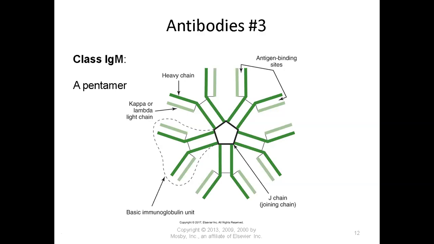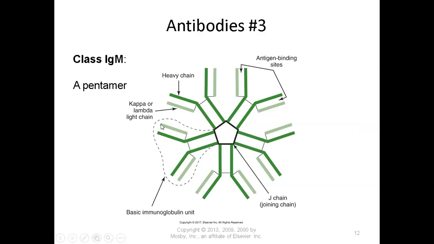If you remember, your prefix penta means 5, so it's considered a pentamer. Because it has 5 of these basic units joined together by something called a J chain, we could say that if a basic unit has 2 binding sites, and this one has 5 immunoglobulin units, then we expect to have 10 total antigen binding sites in IgM.